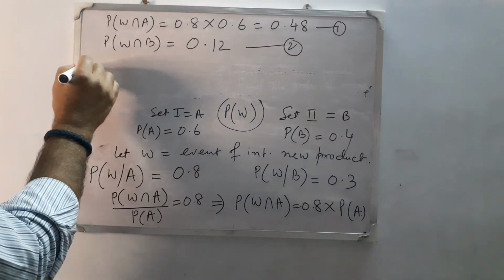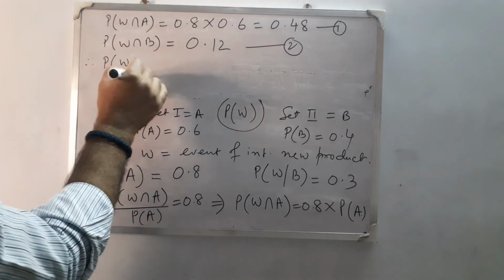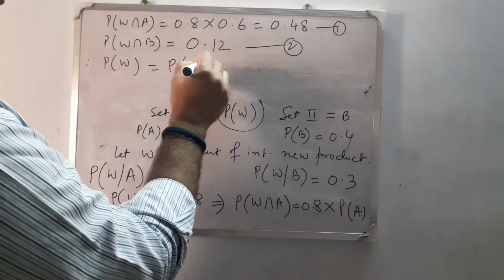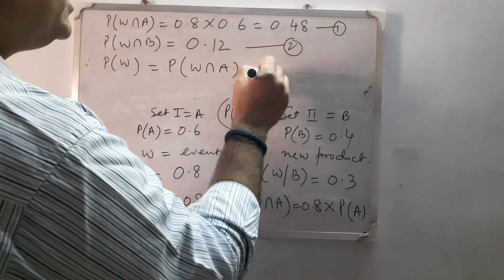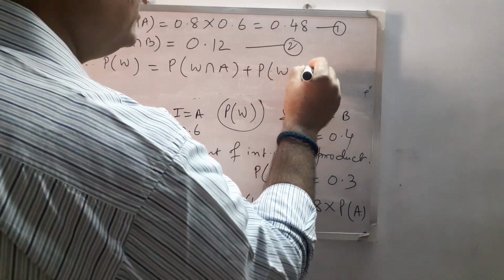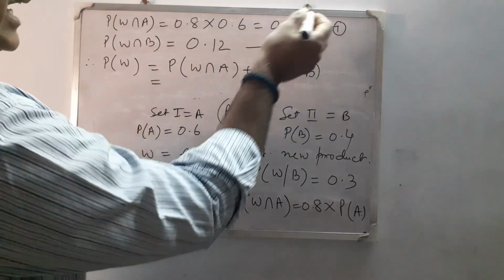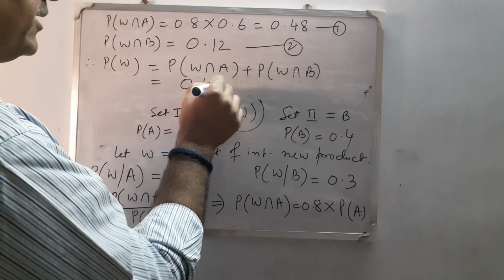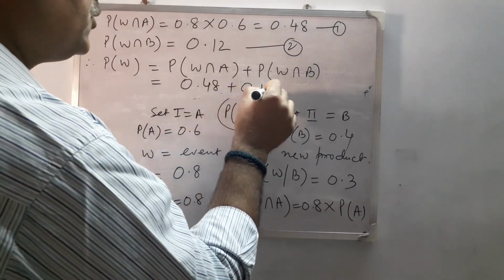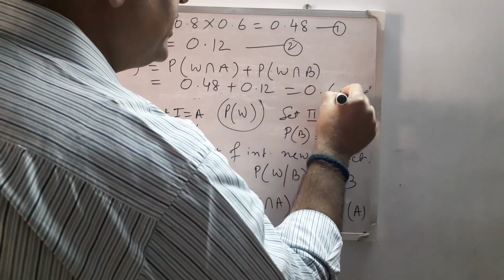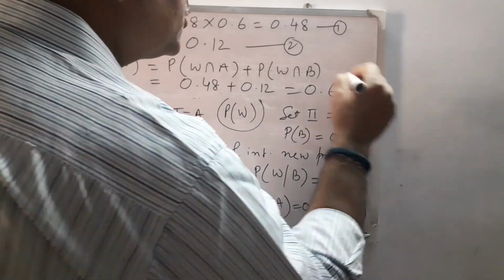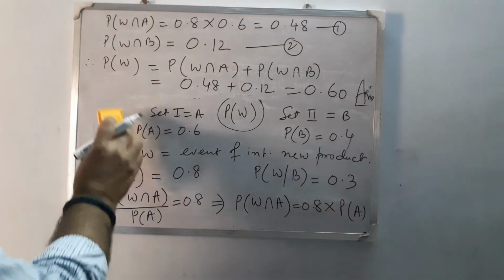Therefore, PW is equal to PW intersection A plus PW intersection B. Adding the two probabilities, 0.48 plus 0.12, finally you get 0.60 as your answer.